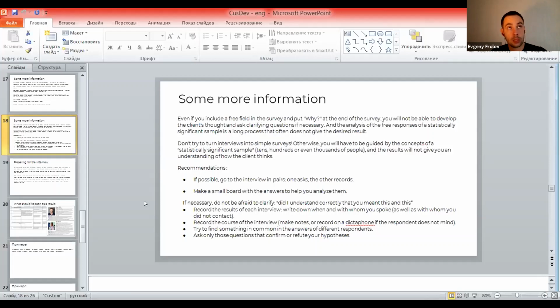And the third point here is our brain is functioning in such a way that it focuses on things which the brain considers important. That means that I have my own picture of the reality, and the other person has another vision of the reality.